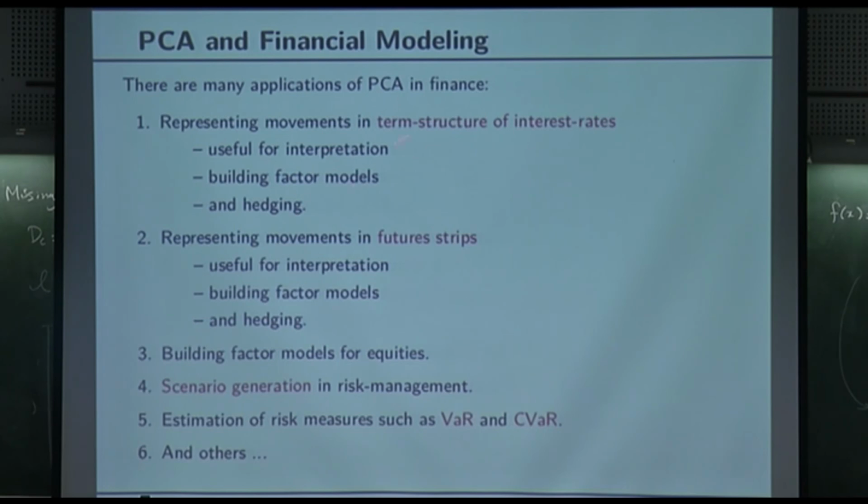So there are many applications of PCA in finance as well. I don't have specific examples for you. Anytime you have any kind of random movement, you want to be able to represent them by lower level models. Term structure of interest rates, it's useful for interpretation, it's useful for building factor models.